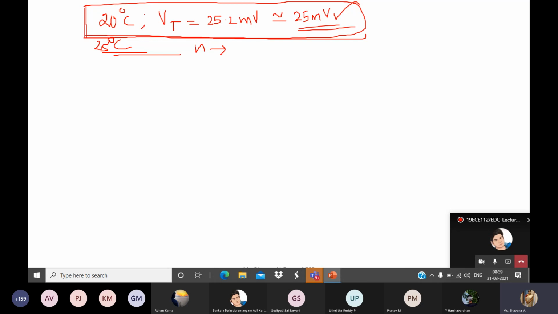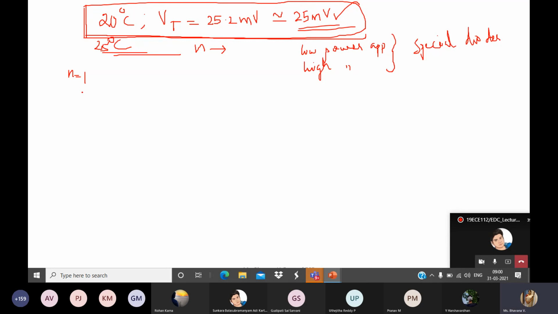If the diode is made of standard integrated circuit, N will be equal to 1.